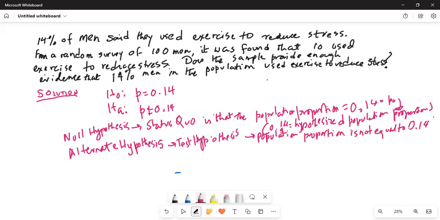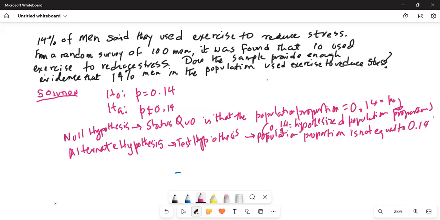So my hypothesized population proportion is 0.14. My null hypothesis is the population proportion equal to the hypothesized population proportion, which is 0.14. And my alternate hypothesis, which is also the test hypothesis, is the population proportion is not equal to 0.14.